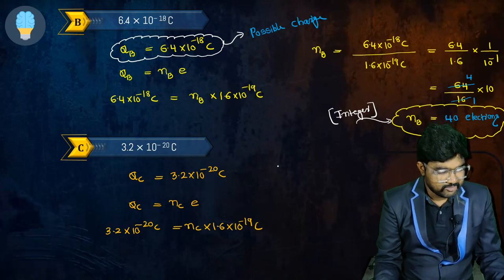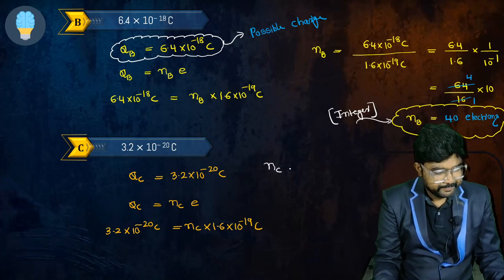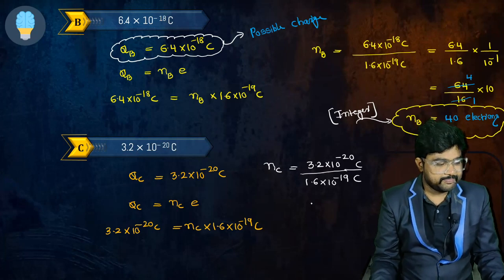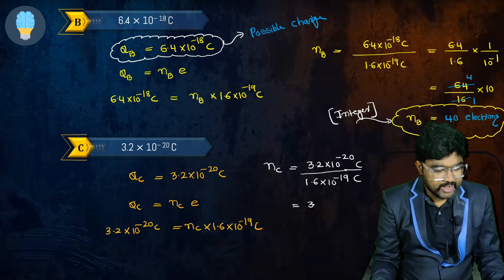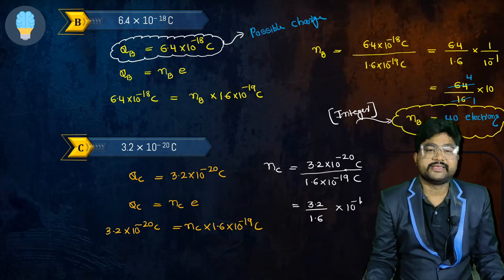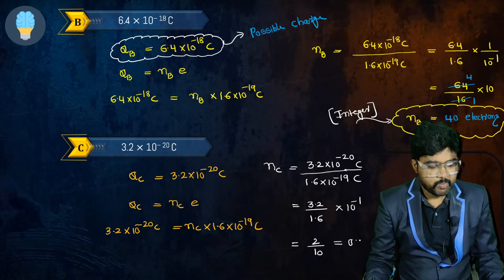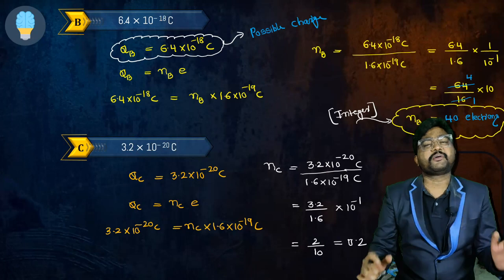So number of electrons N_C equals 3.2 into 10 to the power of minus 20 by 1.6 into 10 to the power of minus 19. That is 3.2 by 1.6 into 10 to the power of minus 1, which is 2 by 10, so 0.2.